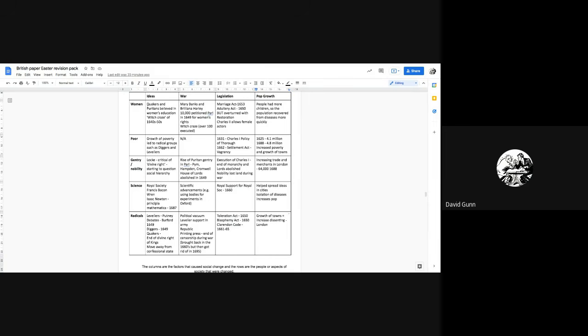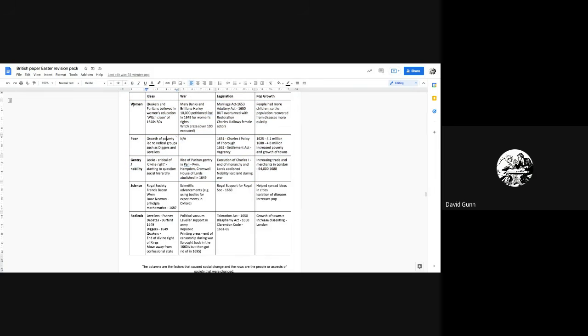And then again, you should have a clear understanding of how things change for these different groups. Because you could get a question talking about which factor is the most important cause of social change, or you could get a question generally on how much social change took place, and then you could compare some different groups in society, for example.